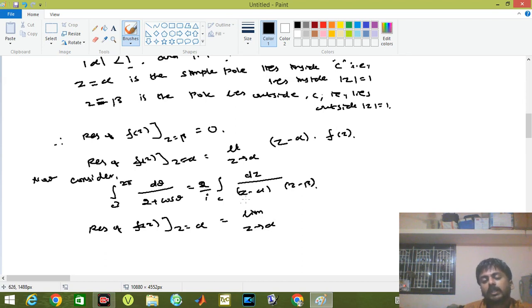What is f of z here? f of z is equal to 2 by i divided by z minus alpha and z minus beta. For our convenience only, we have taken that value to be alpha.